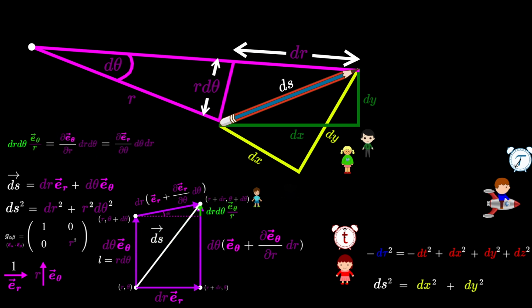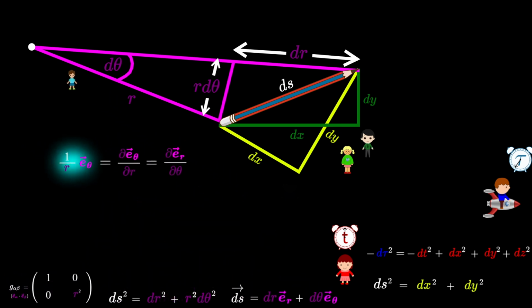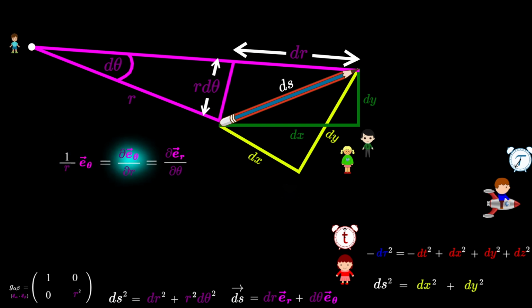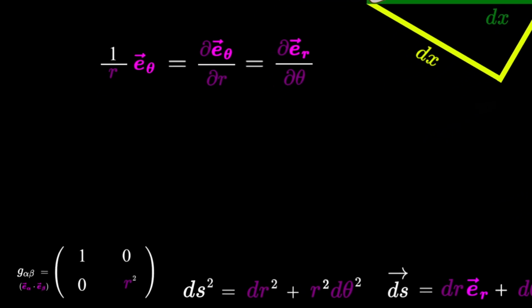The dr d thetas cancel in our double equation, and we are left with the result that 1 over r e theta equals ∂e_theta/∂r, which also equals ∂e_r/∂theta. In this special case of polar coordinates, the basis vectors do not change in the e_r direction at all. But let's add that into our equation nevertheless, in order to better generalize our results.